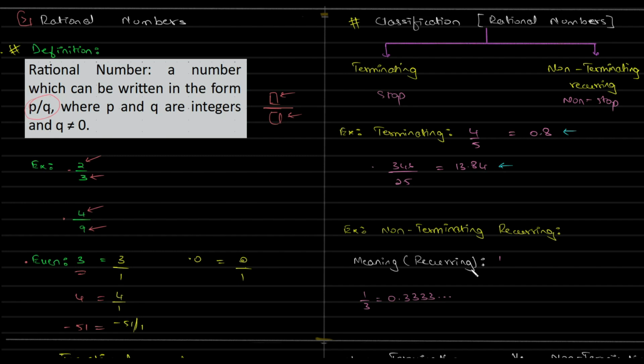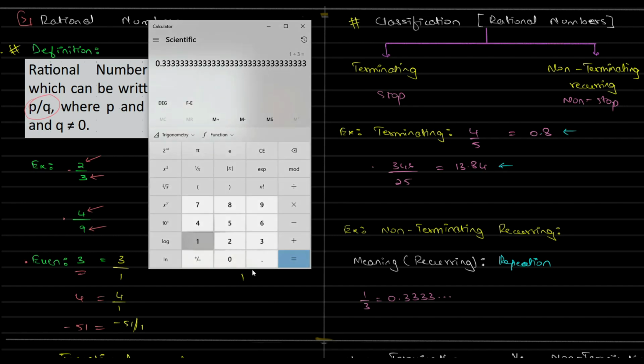So the recurring part is nothing but the repetition. You have a definite repetition. Here we are definite that 3 will occur repeatedly. If I go with something like 1 divided by 7, 0.142857, 142857, 142857.